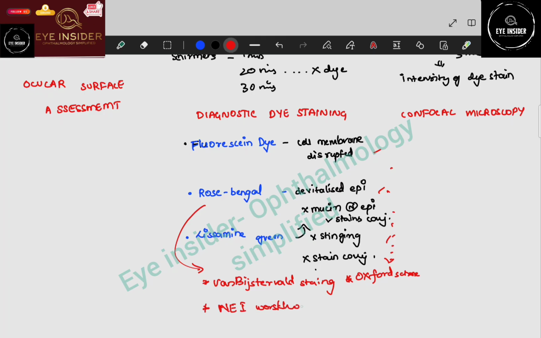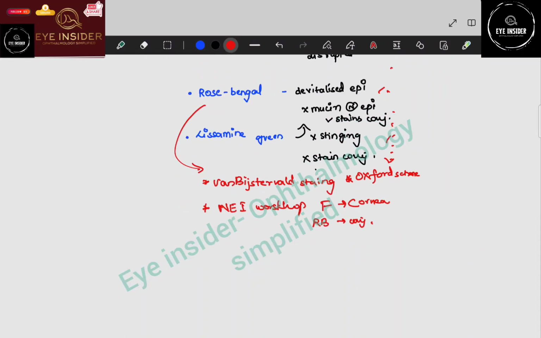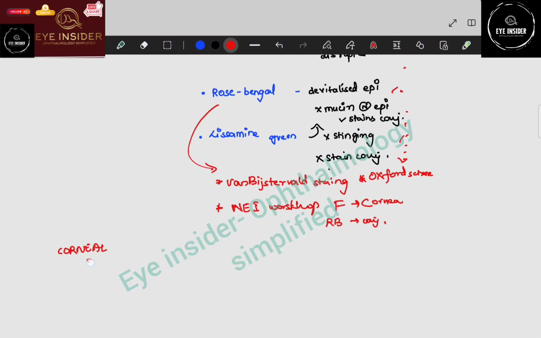For the Oxford scheme, you can use any of these dyes. In the Van Bijsterveld staining, we use rose bengal dye. Whereas in the NEI workshop, fluorescein is used for the cornea and rose bengal is used for the conjunctiva. And as I said, the Oxford scheme can use any of these stains.